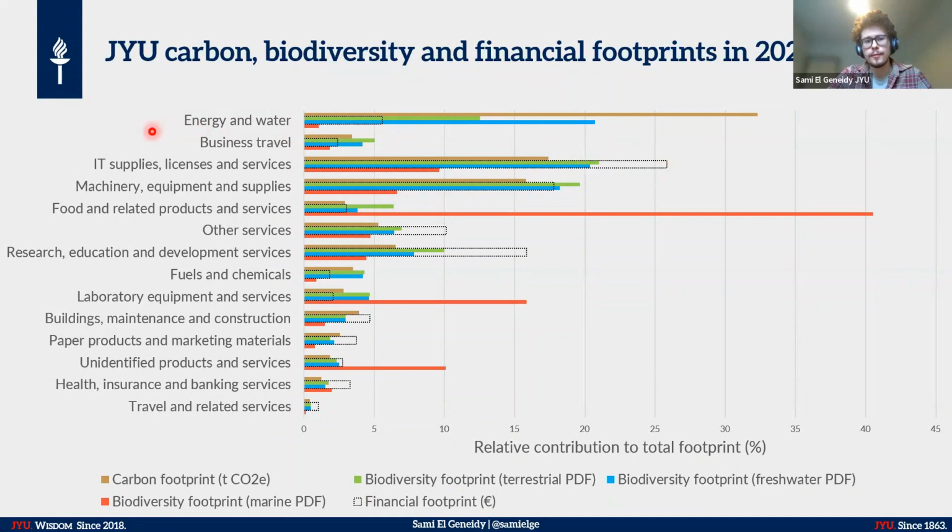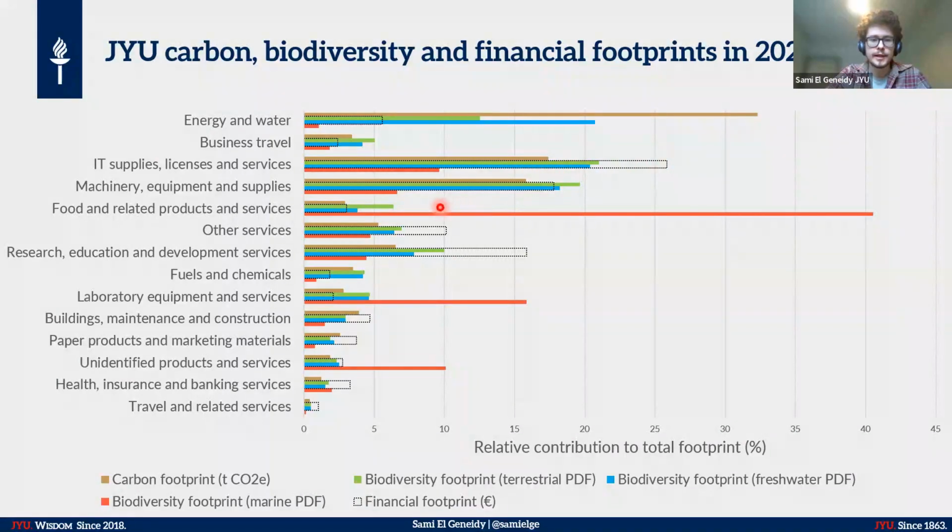A couple of perhaps interesting remarks from this figure. We see that in terms of carbon footprint, energy and water use is a very high category, and also in terms of other biodiversity footprints. However, financially it's not such a huge cost for the university. On the other hand, IT supplies, licenses, and services contribute quite a lot in terms of cost, but a little less in terms of other footprints.